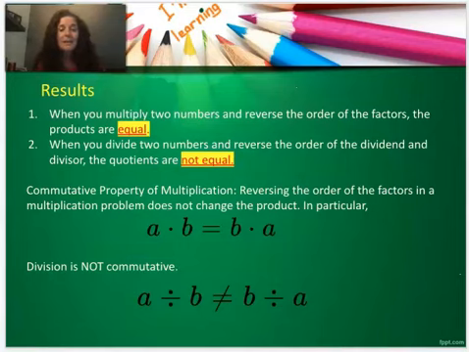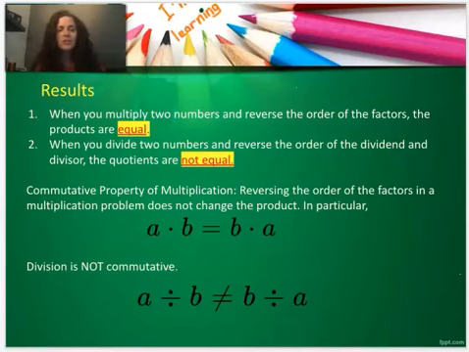A divided by B is not the same as B divided by A. Now, if you start focusing way back in the very beginning with what the parts of the number sentences are equal to, it might help you remember if there's a commutative or an associative property or not. So notice that in an addition sentence, both the numbers are called the same thing, addend. So order wouldn't matter.